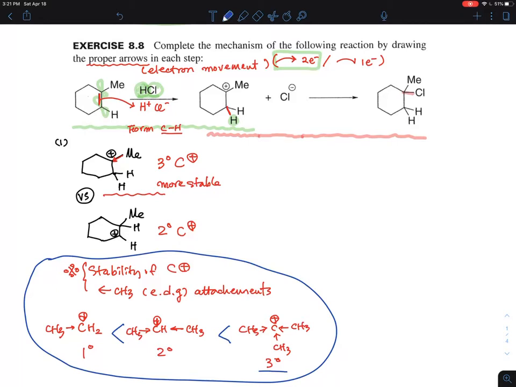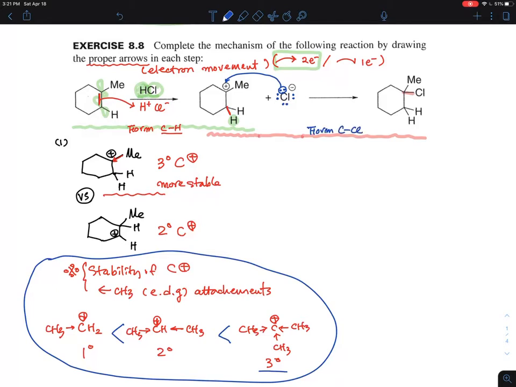In this case, you want to show, okay, this chloride has 4 lone pairs, and one of the lone pairs will go here and make a bond so that they can form the new CCl bond.